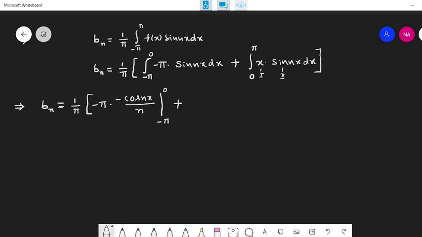You have to keep the first function x into integral of the second one, minus cos nx by n. So here we have plus sign, next we need to write minus sign. So minus derivative of first function, that is 1, into integral of minus cos nx by n.